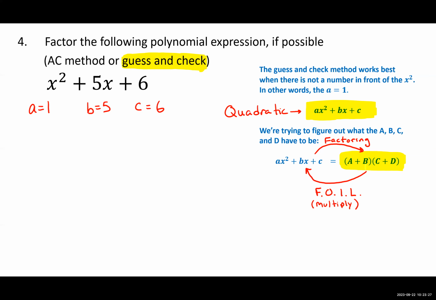If we know what the answer should look like, so x squared plus 5x plus 6. When we factor this, it should be something plus something times something plus something, right?